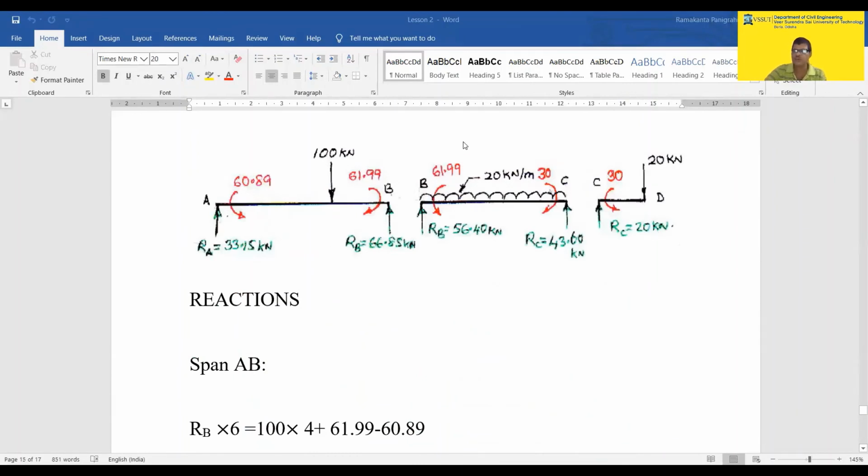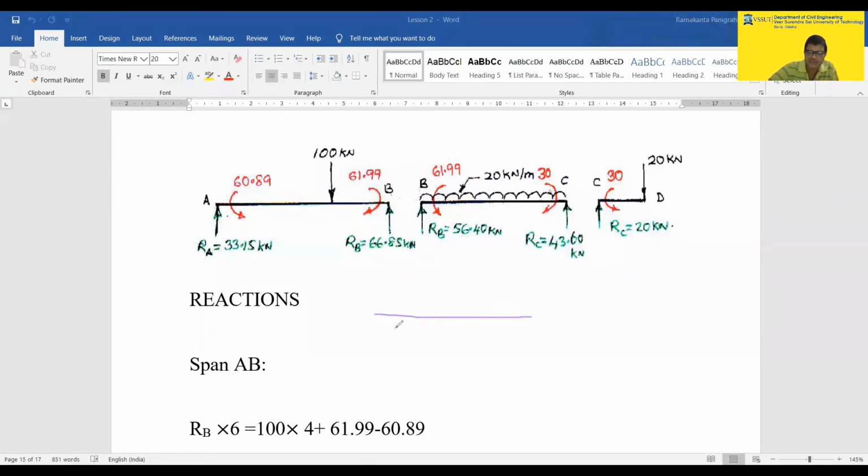We have drawn it also in the last problem. Now you can see here this is 60.89 coming clockwise, and 61.99 clockwise. Now if you write the equation for span AB, RB is not known initially.